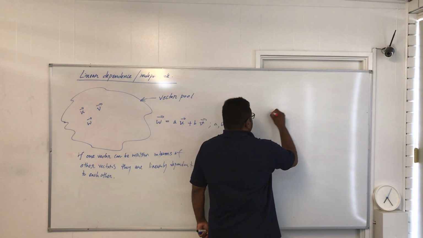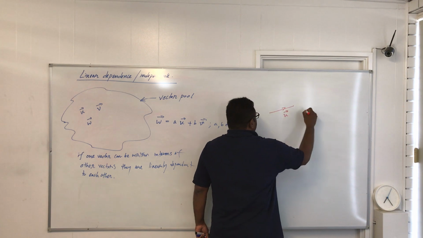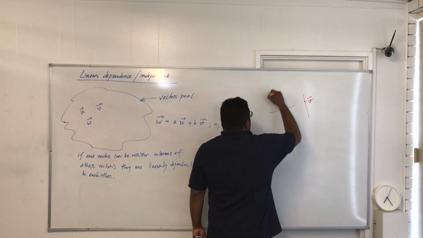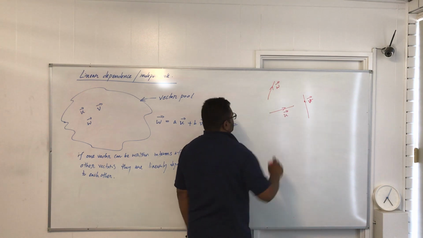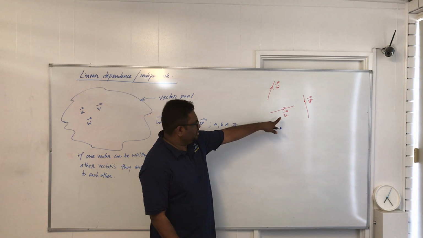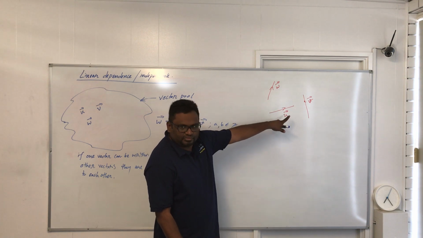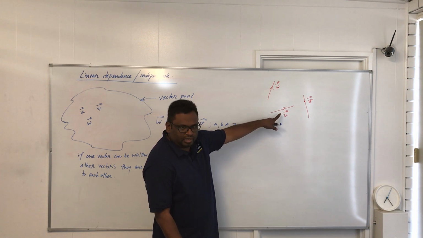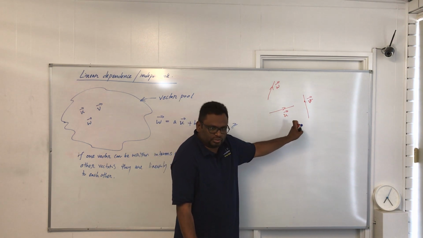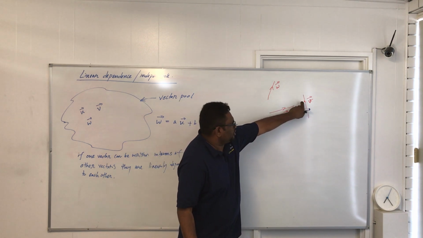So if you have 3 vectors like this, U here, V here, W here, now you can see if you manage U and V, you keep the direction, but you change the magnitude. You can make it shorter, you can make it large.